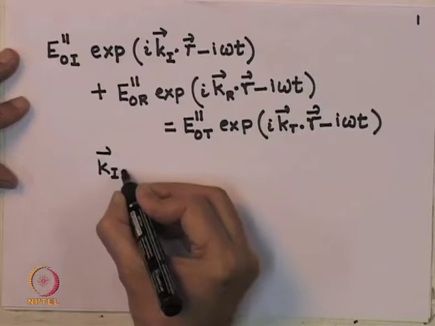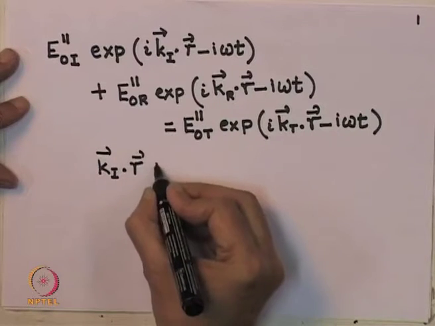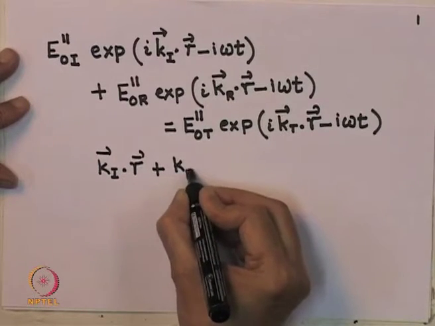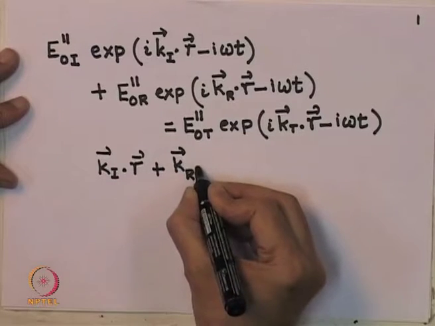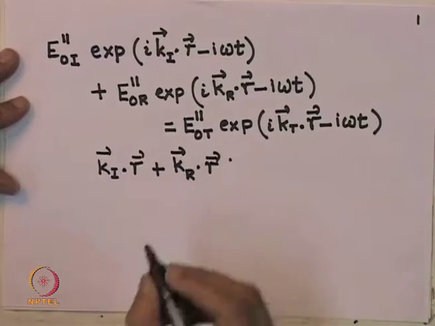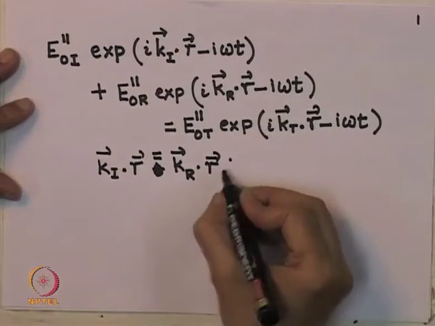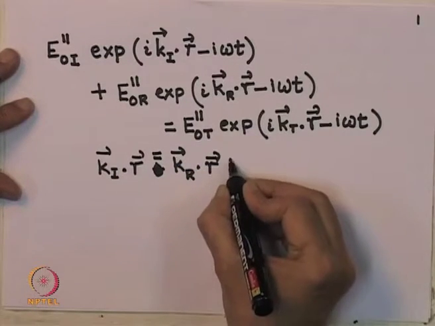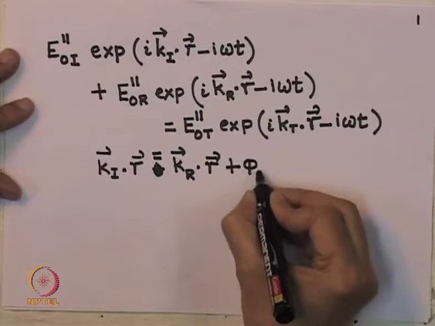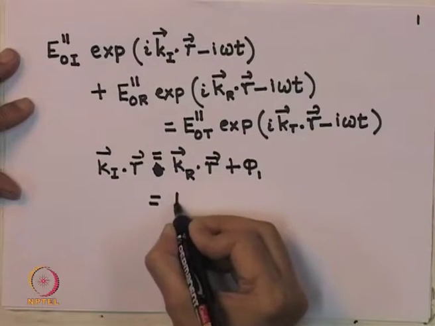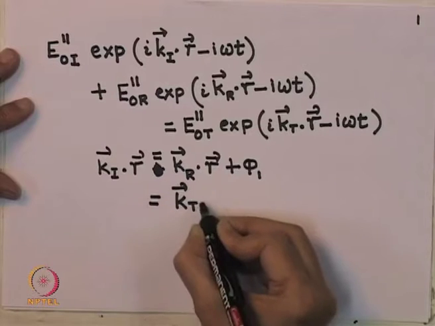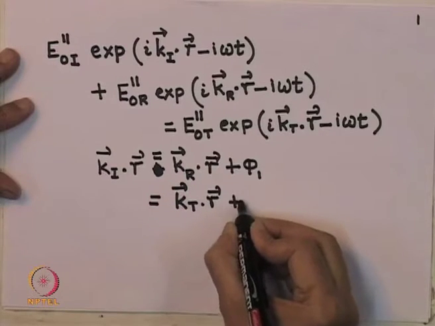This implies that I must have k I dot r plus k r dot r, or rather I must have all of them the same. So, let me say in general it is k r dot r plus, let us say phi 1, which is equal to k t dot r plus phi 2.